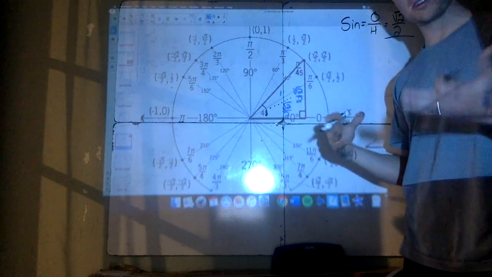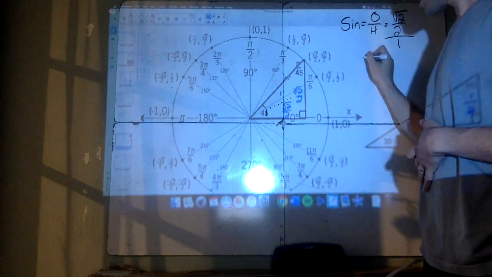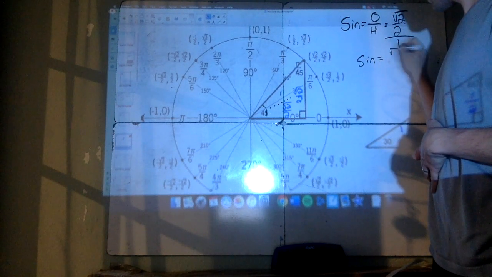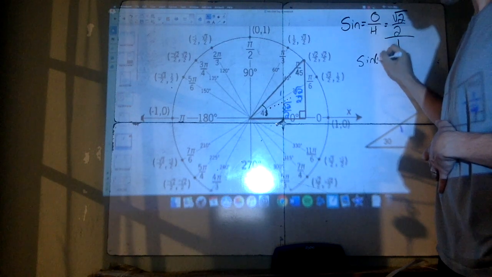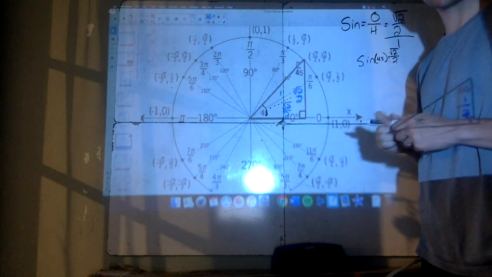In a unit circle, unit means 1, so our hypotenuse is always 1. So the sine is the square root of 2 over 2. Let's notate that the sine of 45 degrees is the square root of 2 over 2.